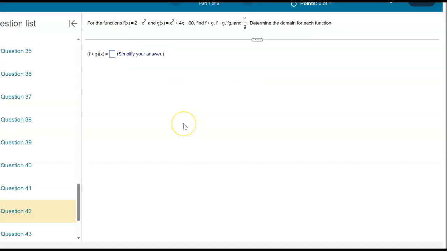Now let's consider the next question. We are given functions f of x and g of x, and we are asked to perform the following operations on functions and determine the domain for each.